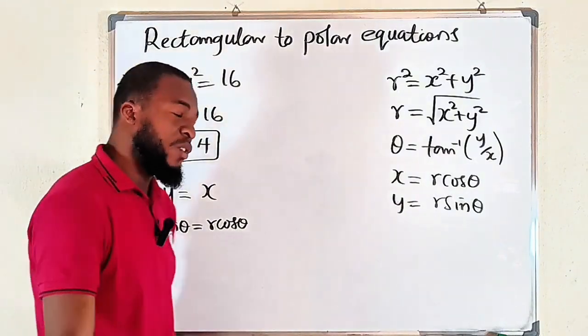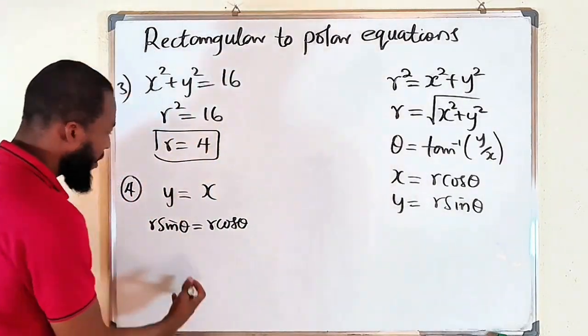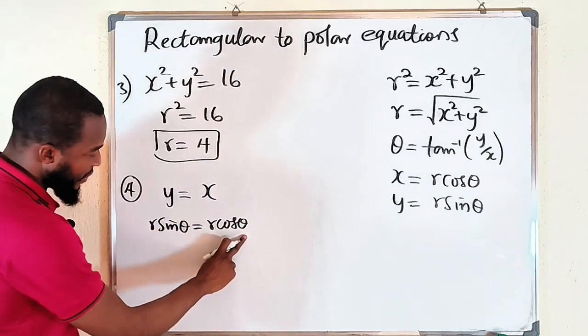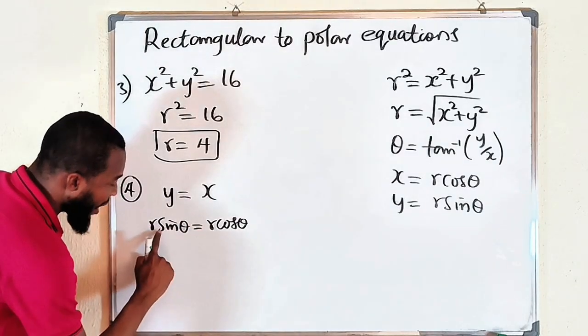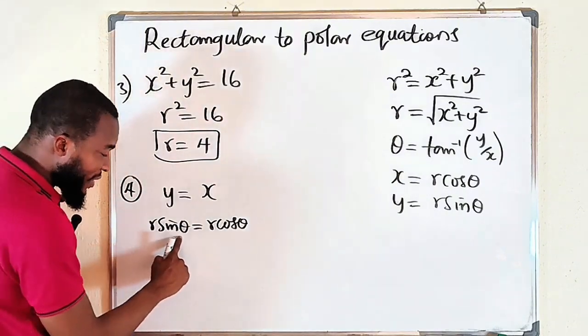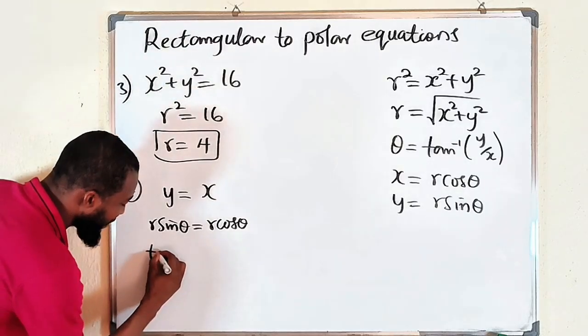This is a polar equation, but if you like, you can simplify it further. I think we can divide both sides by this, so that if you divide the whole of this by this, r will cancel r, and you know that sine theta divided by cos theta will give us what? Tangent theta.